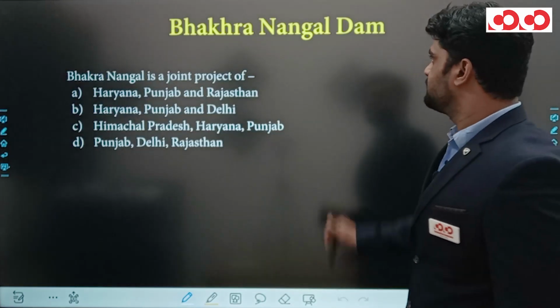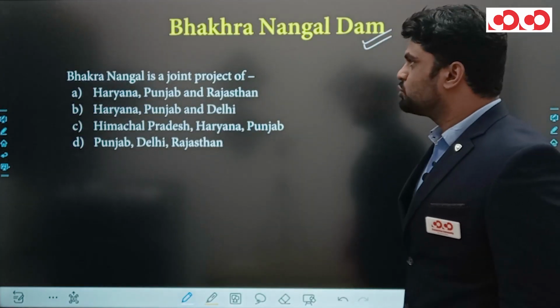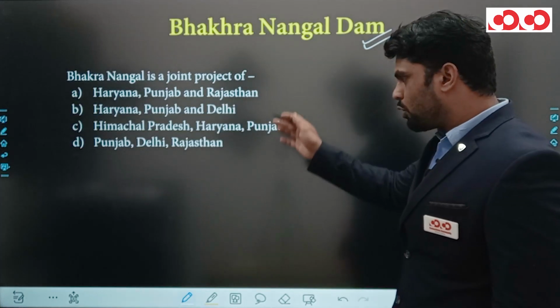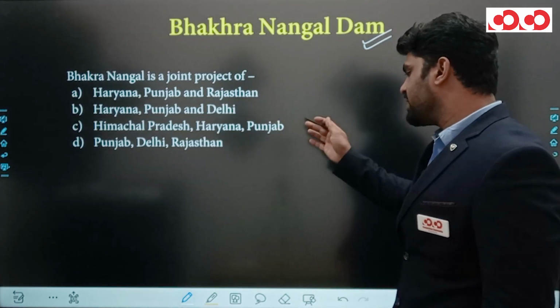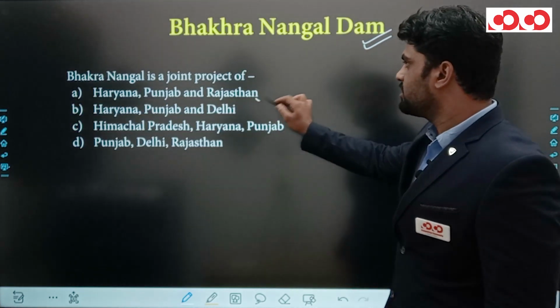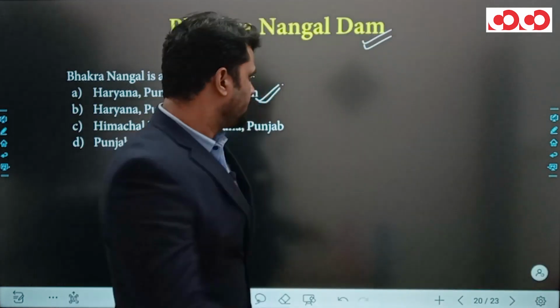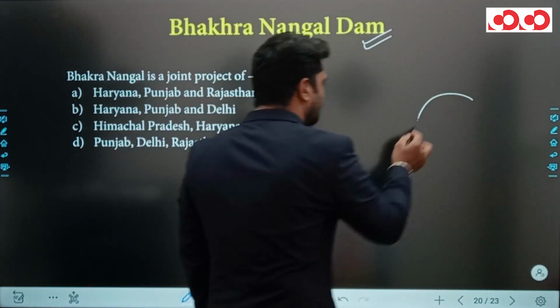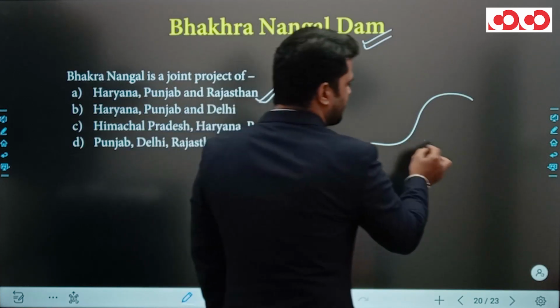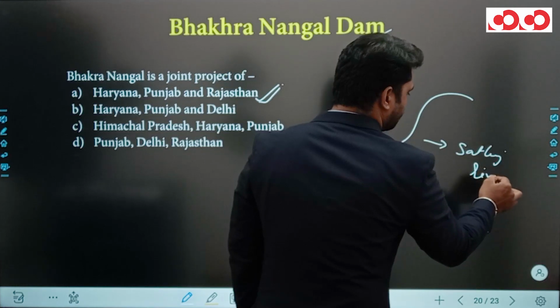The next question is based upon Bhakra Nangal Dam. Bhakra Nangal is a joint project of, and four options with different states have been given here. The right answer of this question is Haryana, Punjab and Rajasthan. Look, the Bhakra Nangal project belongs to the Satluj river. Clear?